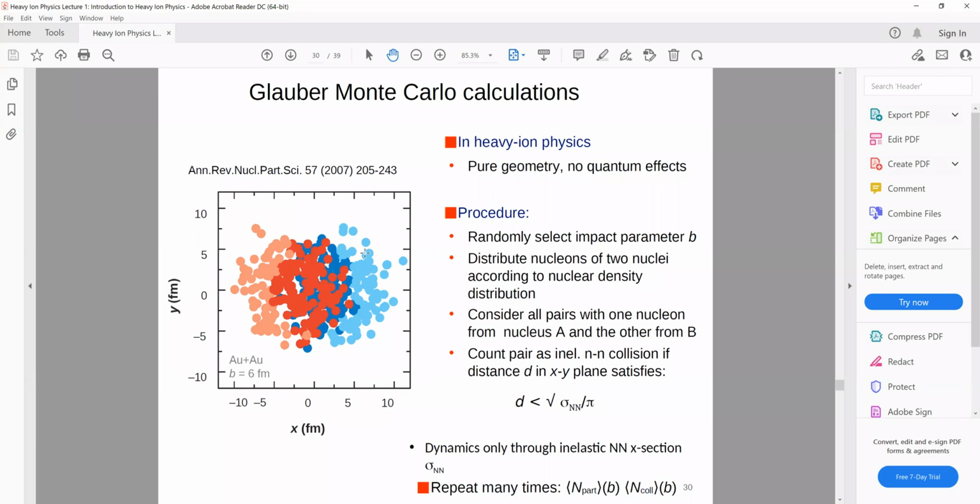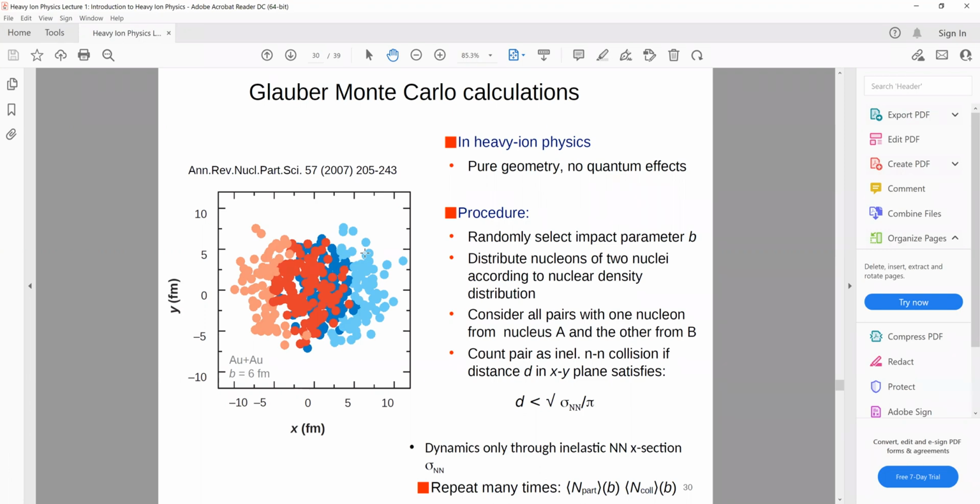You randomly distribute the nucleons and count all the pairs, and those for which the separation in the XY plane is less than the square root of sigma NN by pi are the nucleons which have undergone at least one inelastic nucleon collision. You repeat this many times, and then you can get an average number of participants.